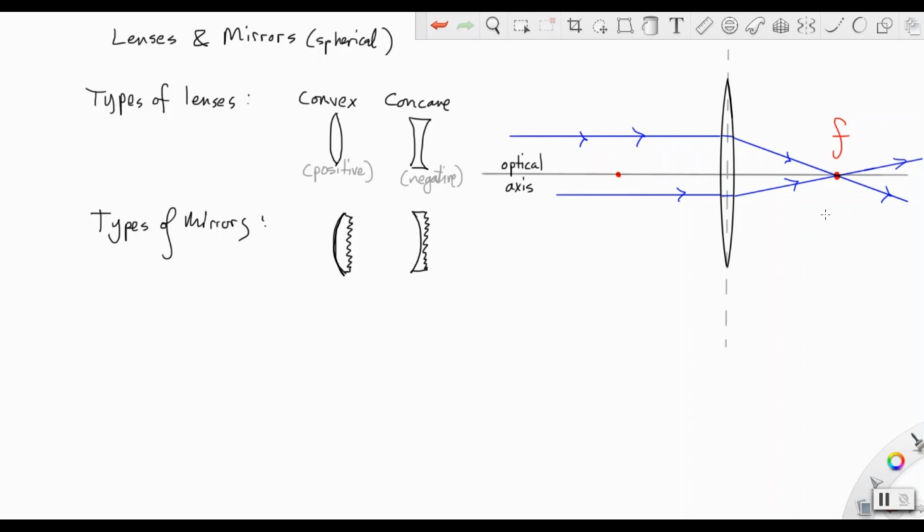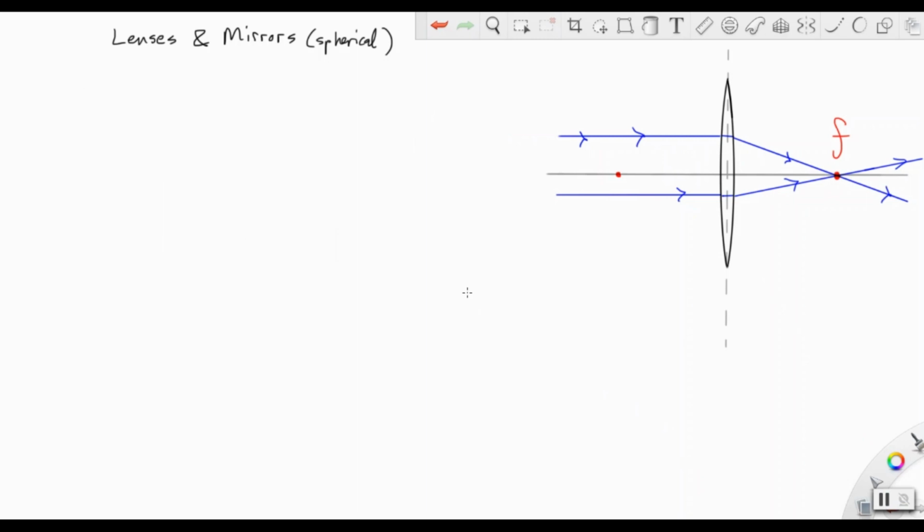So, let's look at what that means. The number one thing that starts off confusing about lenses and mirrors is what object and image look like in our diagrams. Let's clear that up real quick. If I have over here on this side of the lens a book, I really do not want to have to go through the process of drawing out the book and considering all three dimensions of the book every time I want to think about an image.